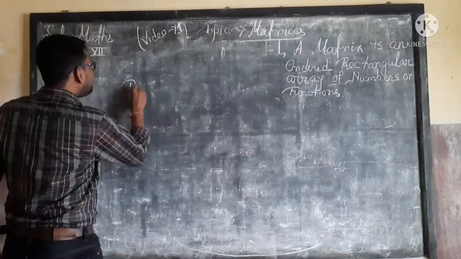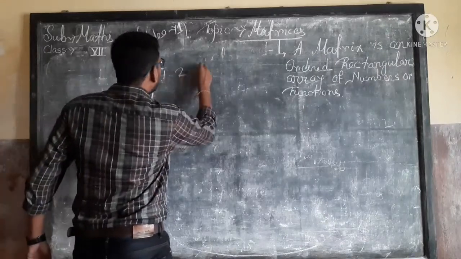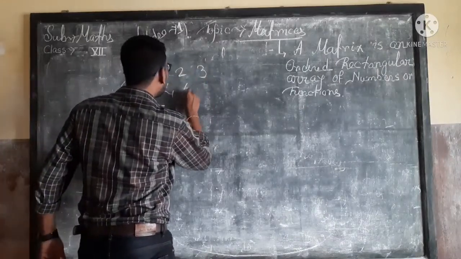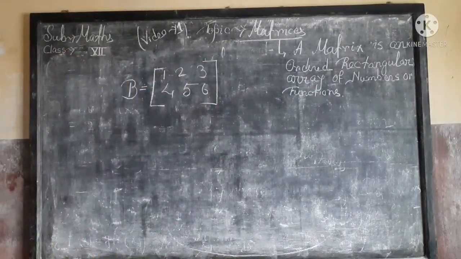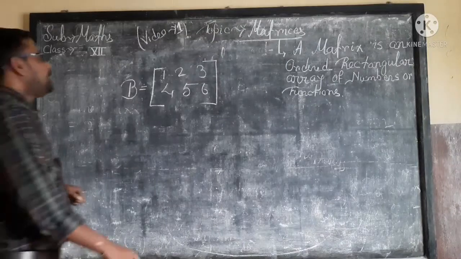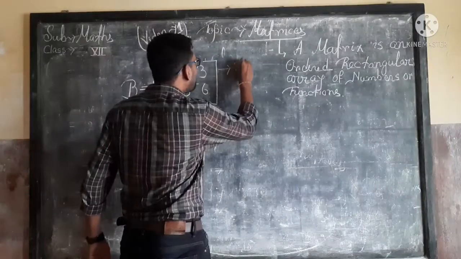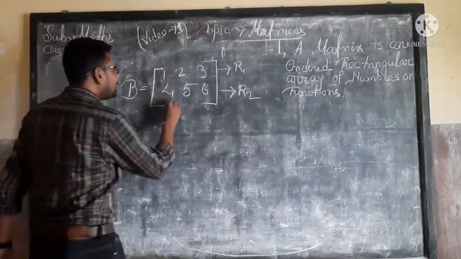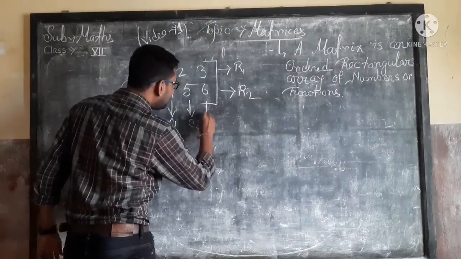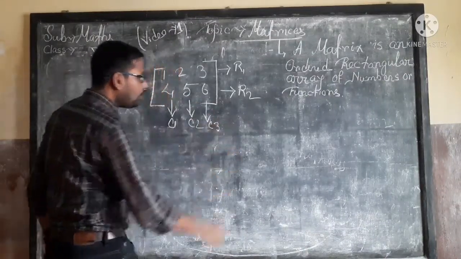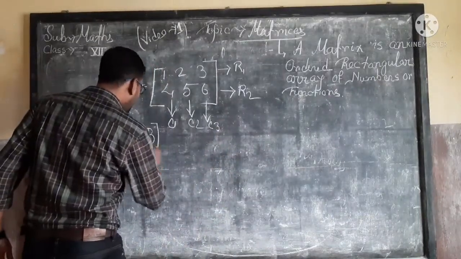Suppose you consider another matrix B, and this B matrix contains 1, 2, 3, 4, 5, 6. In this matrix, this is our row 1 and row 2, and this is our column number 1, column number 2, and column number 3. So, what is the order of this matrix?